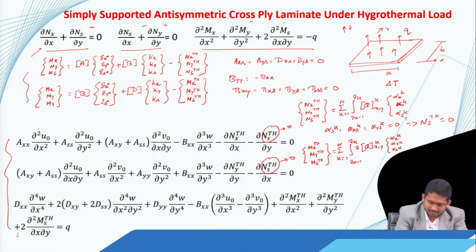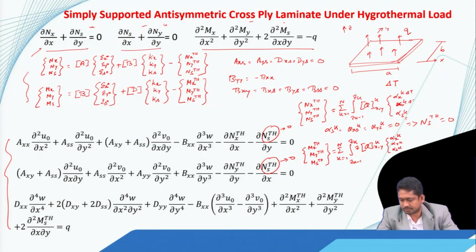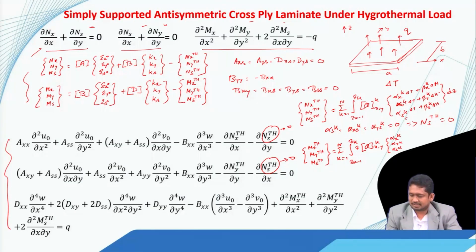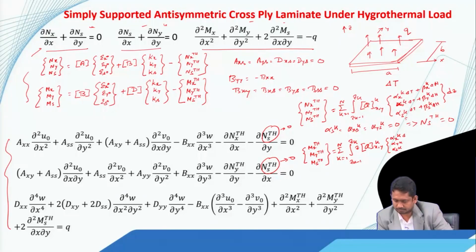So, let us write it fully. So, it is into delta T, delta T, delta T plus beta xk delta H, plus beta yk delta H, plus beta sk delta H, dz, and here we have delta T, delta T, delta T plus beta xk delta H plus beta yk delta H and plus we have beta sk delta H, dz.